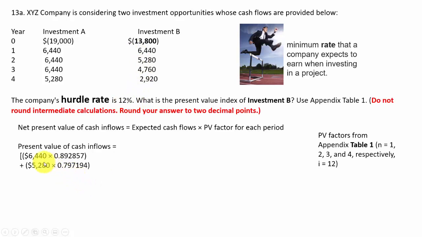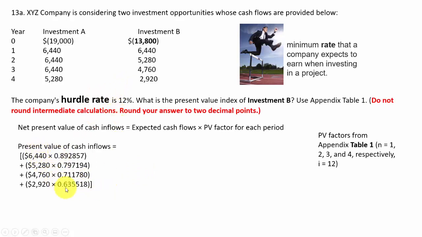The next year will be 5280, which will be the present value table that represents 12% for 2 periods. That is under the present value of the amount table. Next one, it'll be 4760 times this table value, which represents 12% for 3 periods. And then finally, 2920 we multiply times the table value that represents 12% for 4 periods.